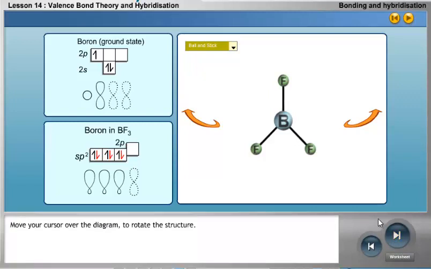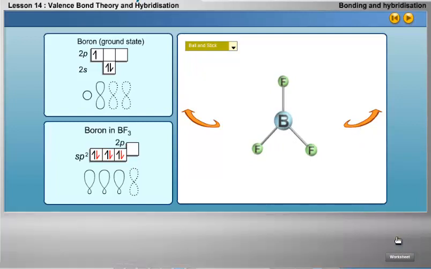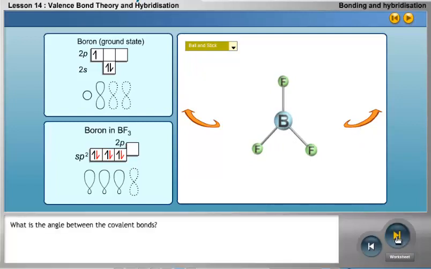Move your cursor over the diagram to rotate the structure. What is the angle between the covalent bonds? Answer: 120 degrees.